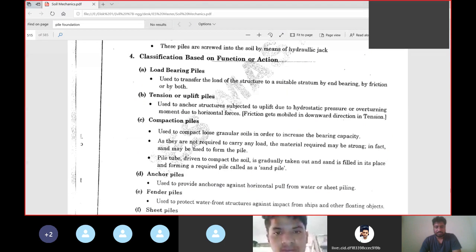So that your structure may not get uplifted by the action of forces like hydrostatic pressure, or due to some overturning moment due to horizontal forces, or due to some unbalanced forces resulting in moment and there is an uplift. So in order to resist such action of forces, we are using tension or uplift piles, right?